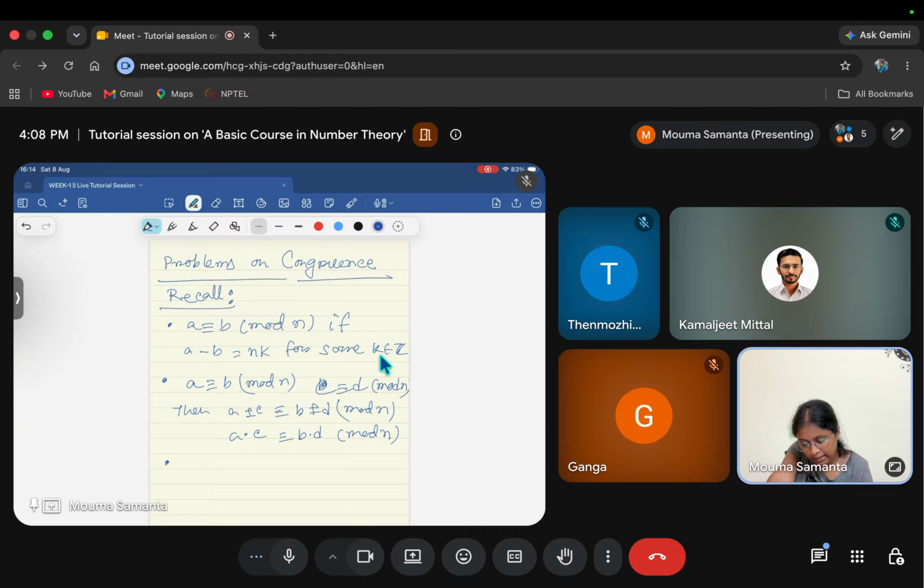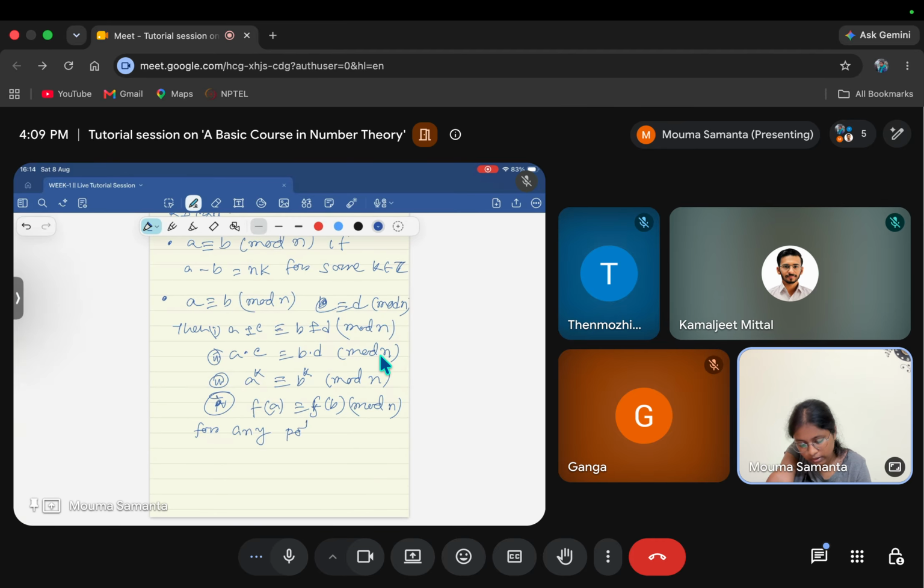Then we have seen a very particular case, a to the power k congruent to b to the power k mod n, and more generally f(a) congruent to f(b) mod n for any polynomial f.